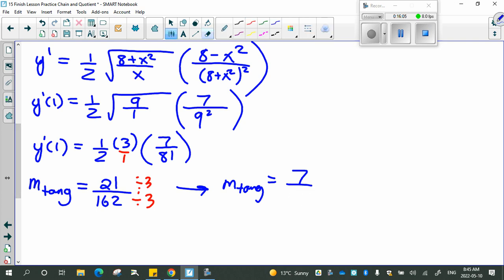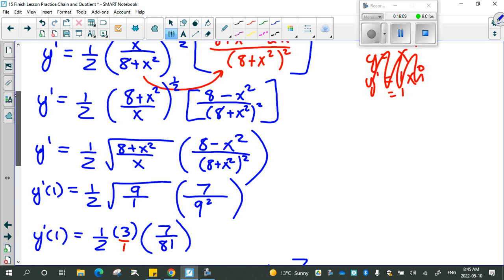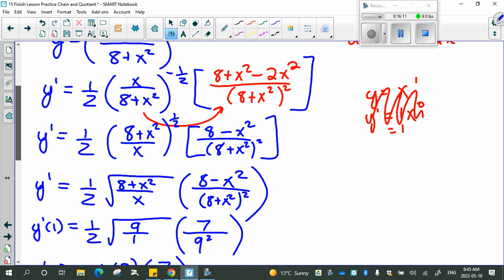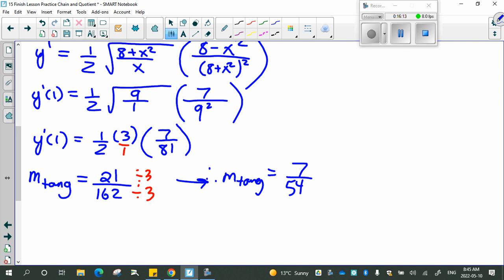Thank you. Now, did it ask for the equation of the tangent line or just the slope of the tangent? So then you just leave your therefore, and you're done. Therefore, the slope of the tangent is 7 over 54. Did anyone do it the other way? No. You get the same answer when you sub in. Okay.